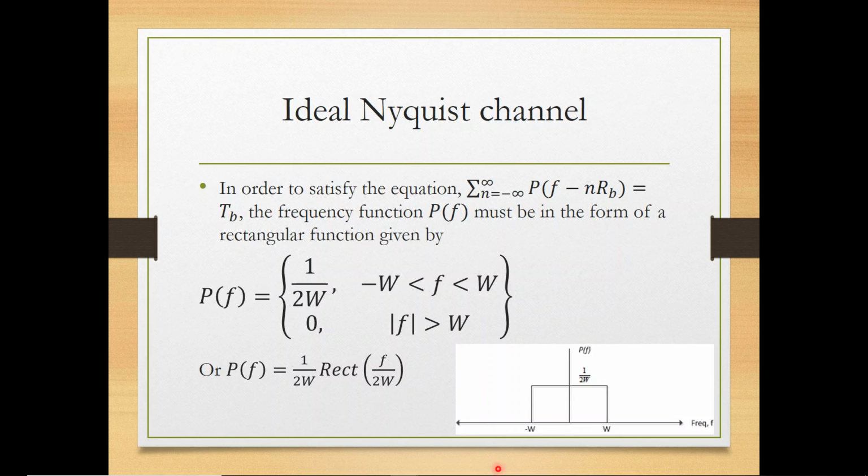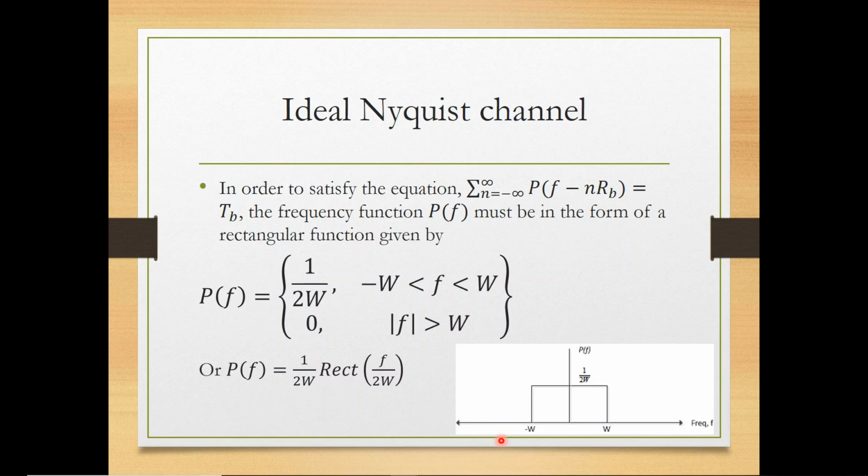If I ask you to draw this, you will exactly get this pulse. So P of F is basically 1 over 2W multiplied by rect F over 2W. 2W here represents the width of the pulse. 1 over 2W represents the amplitude.